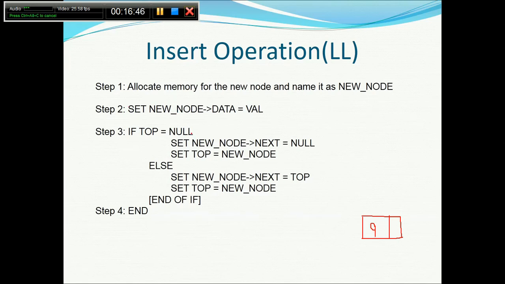Then if top is equal to null, currently we do not have any node, so new node next is equal to null, and whatever the address of the new node you have, copy to the top. This means the top will start pointing to this.